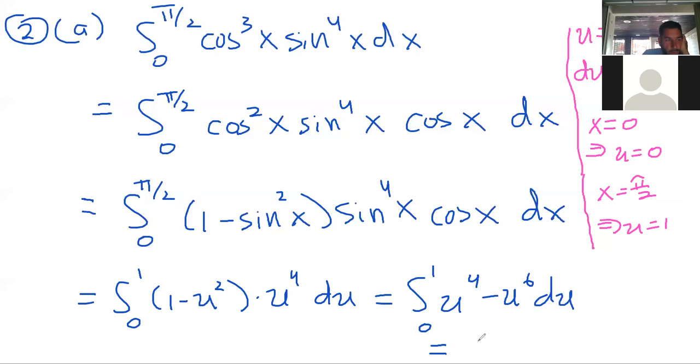So if you integrate this properly, you get 1/5 minus 1/7. And then 1/5 minus 1/7 is 2/35.